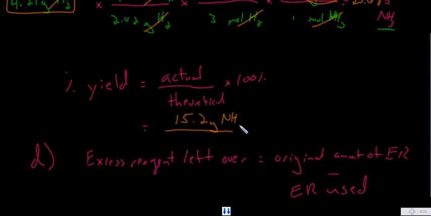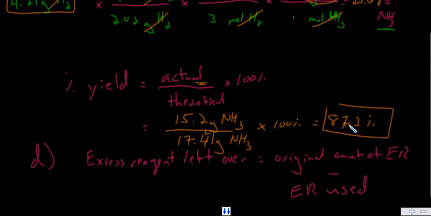That's what the actual yield was. And then the theoretical yield, what we just calculated we should have gotten, was 17.41 grams of ammonia. So we can take that ratio and multiply by 100%, and the percent yield was 87.3%.